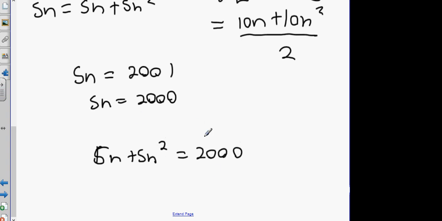We can bring it over to the other side, so what we can get is 5n squared plus 5n minus 2000. I'm saying is that it won't go to 1 because all the numbers end in 0. So it'll either get to 2000 or it won't.